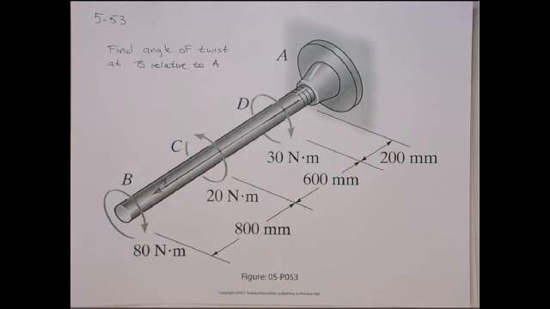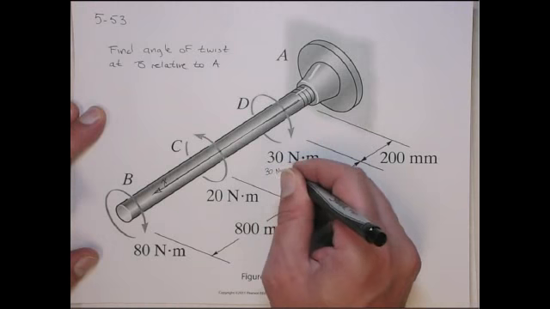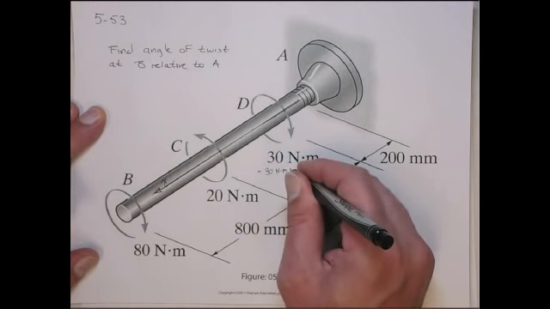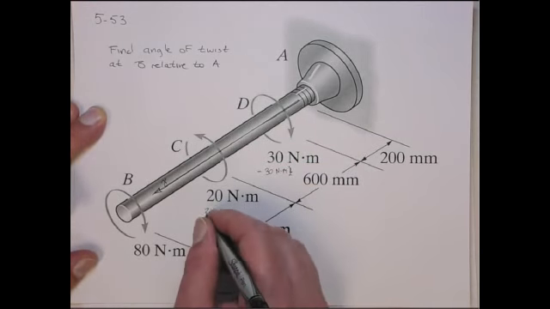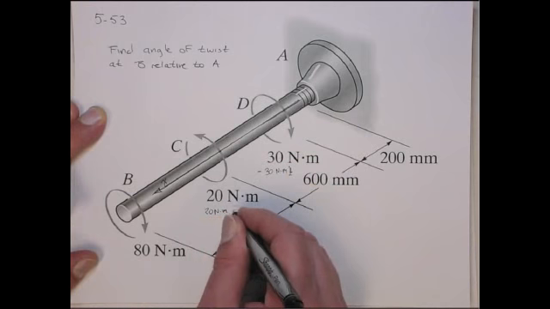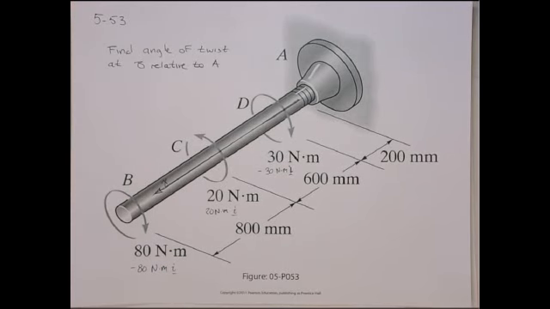As vectors, this would be minus 30 newton meters on the i unit vector, this would be 20 newton meters around i, and this would be minus 80 newton meters around the i unit vector.